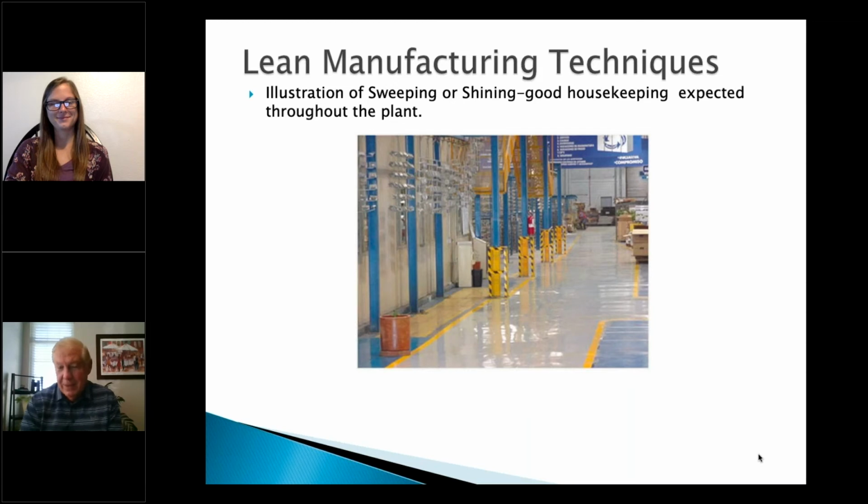And the next one. This is probably the best illustration I ever came up with from the standpoint of cleanliness and shining. This is a Procter & Gamble diaper plant. They are required to have an environment where you can basically eat off the floor. This particular plant wasn't too far from the plant I was running at the time, where we made extruded plastic and shipped it over to this operation where they would make the diapers.